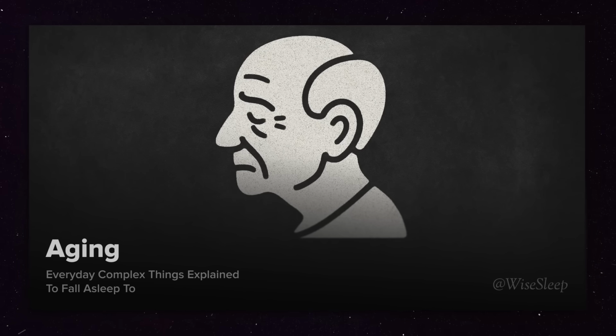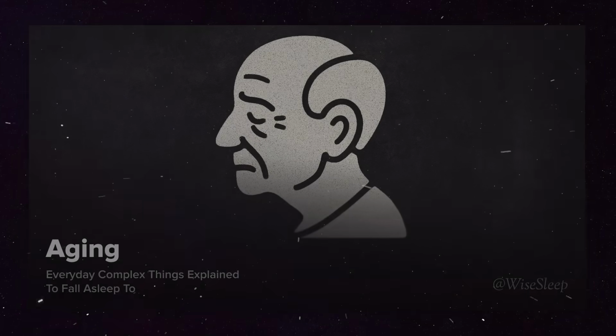That's why two people the same age can appear or feel very different, depending on how their bodies have been treated over time. While aging is a natural biological process, researchers continue to explore ways to delay its effects, from skincare to genetic therapies. But at its core, aging is simply the body's way of changing, adapting, and gradually slowing down over time.